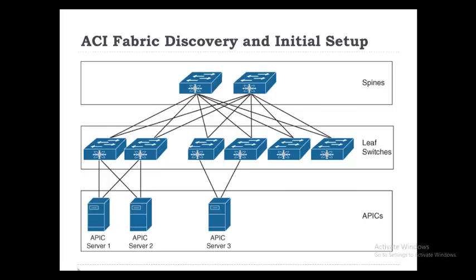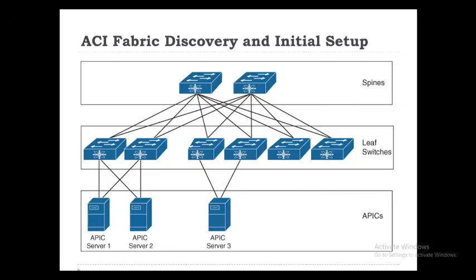And the leaf also connects down to the APIC. There is a port called out-of-band management port on the APIC, using which we have connected. We'll talk about the connection on the next page.